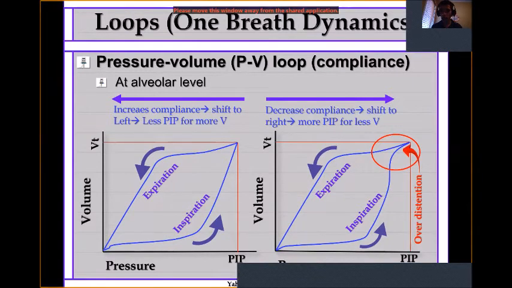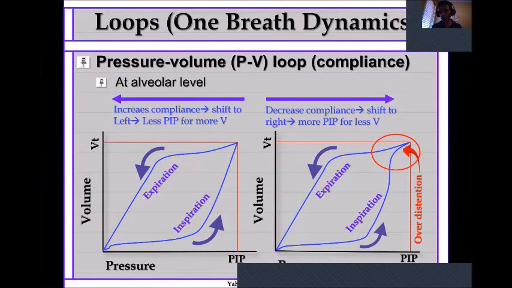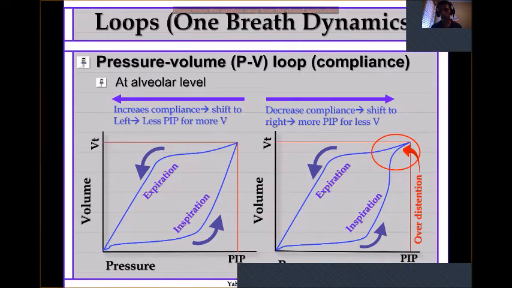When you see peaking of this area, that means you are over distending your alveoli. You are giving higher than required PIP, or your PIP is not returning to the original line before starting a new cycle.